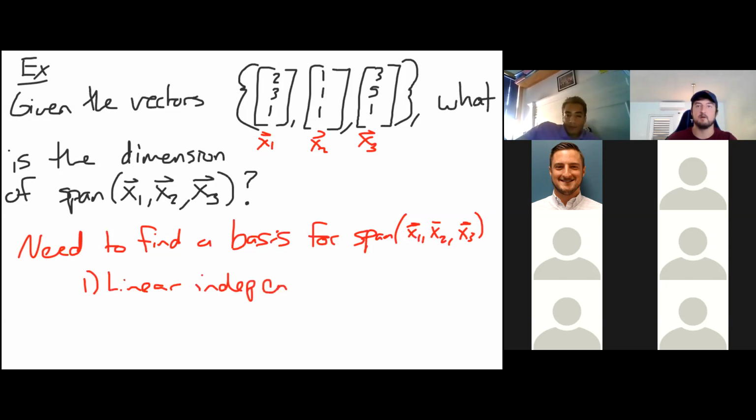The second thing is whether the span of those vectors equals my vector space. But what space am I trying to build? What space am I trying to find a basis for? R3. Not R3. We're trying to find the dimension of what?